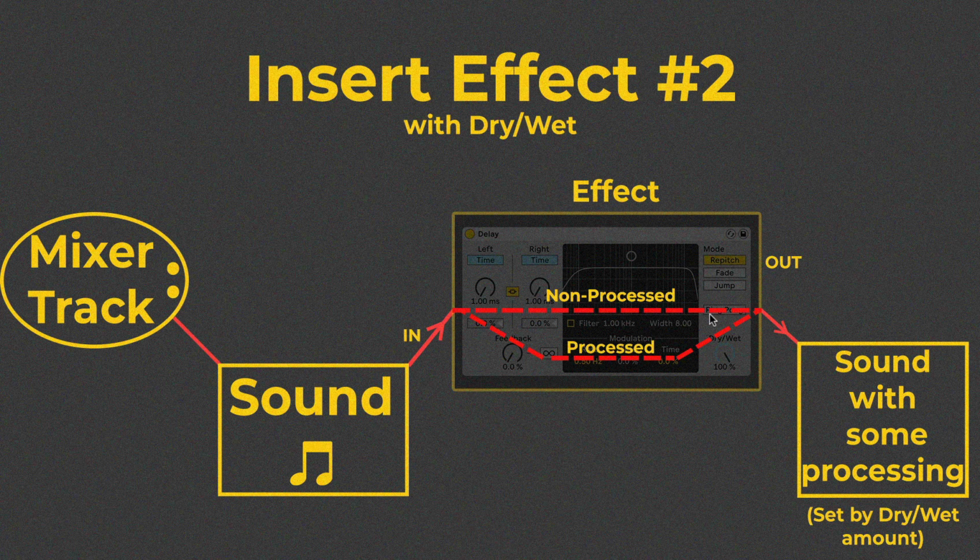And this is the dry sound. And this separate signal path is the processed sound. So it's the one that's being modified by our effect. In this case, it's a delay, so it's being delayed.